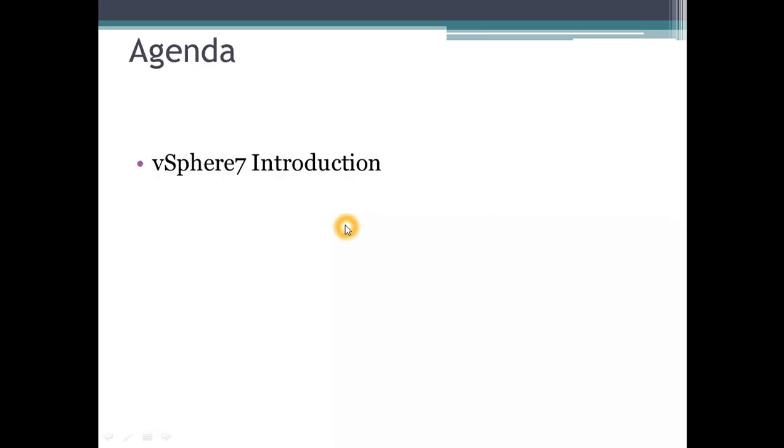In the vSphere 7 introduction, we'll try to understand what Project Pacific is. It's all part of the portfolio of modern applications which VMware was doing, and Project Pacific is the name assigned to anything VMware is doing around application modernization.